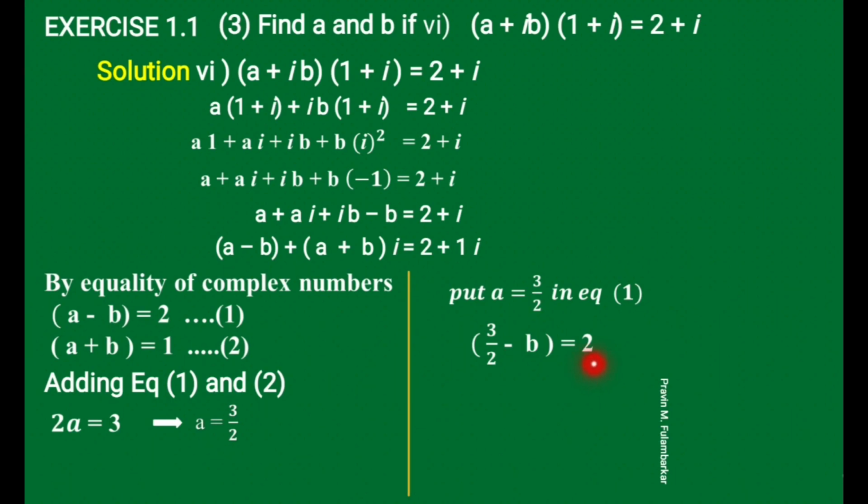So transferring this 2 to the left hand side, we get 3 by 2 minus 2. So we use cross multiplication. So instead of writing b on the right hand side, we write b on the left hand side, and instead of writing 3 by 2 minus 2 on the left hand side, we write this on the right hand side. So after cross multiplying, we get 3 minus 4, which is minus 1. So we get minus 1 by 2 as the value of b.